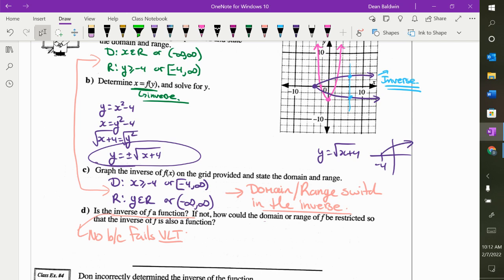You either just cross out that one or you cross out that one. And then it is a function. So the way you write that in math is you say restrict the range to either y is greater than or equal to 0 or y is less than or equal to 0.